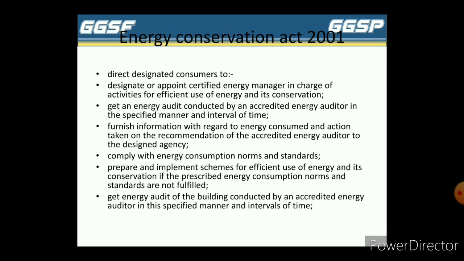Comply with energy consumption norms and standards. Prepare and implement the schemes for efficient use of energy and its conservation if the prescribed energy consumption norms and standards are not fulfilled. Get an energy audit of the building conducted by an accredited energy auditor in the specified manner and intervals of time.